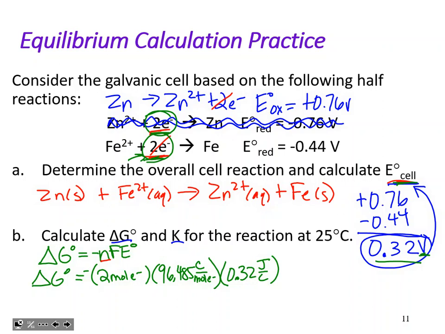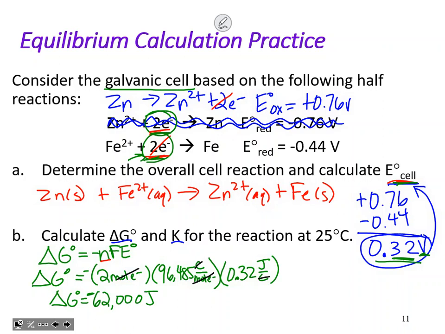So this is how we get our units to cancel, like so, moles of electrons, and then we end up getting our delta G. Now, if you're going to round it to 2 sig figs, which it should be based off of our cell potential, you should get negative 62,000 joules, negative of course because we want delta G to be negative. In order for it to be a galvanic cell, it has to be thermodynamically favored.